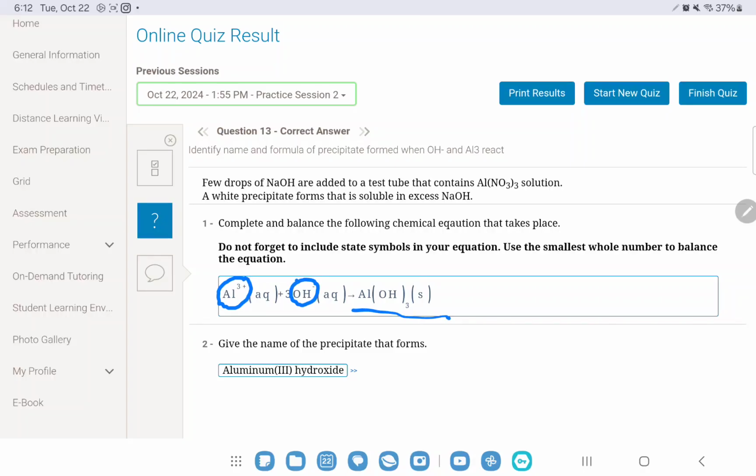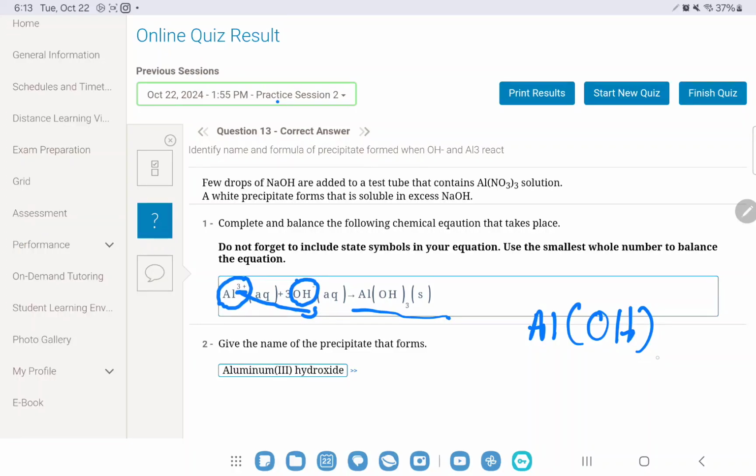When you see Al and OH, just put them together. Al into OH. And always remember to give OH a bracket. Another thing before I continue: you see the little number up here, you put it down as the subscript of OH.